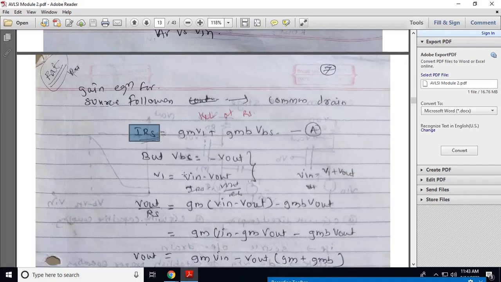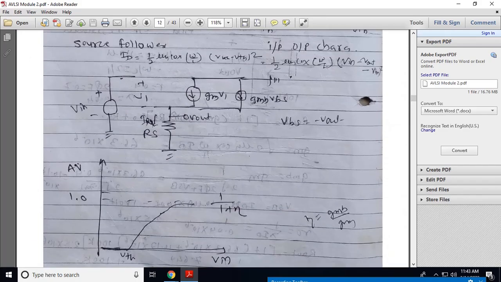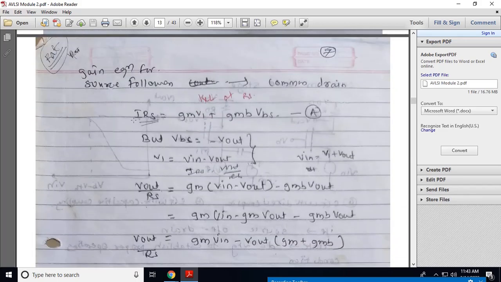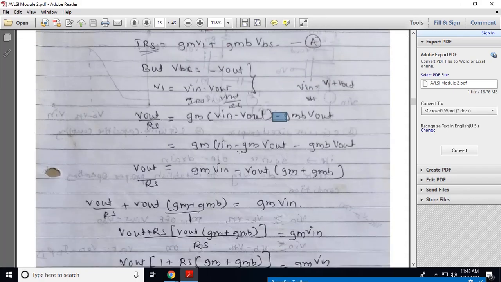IRS in terms of voltage and current, that is V out by RS. So IRS is V out by RS is equal to GM as it is, V1 is equal to V in minus V out, VBS is minus V out, so this is minus GMB into V out.